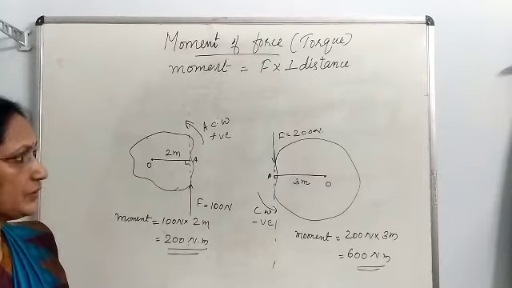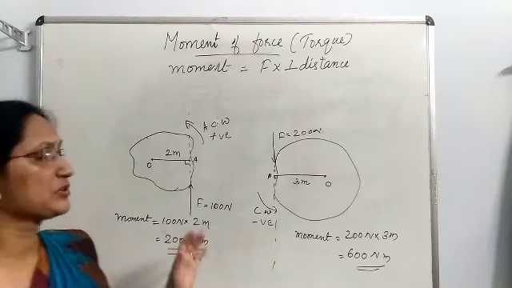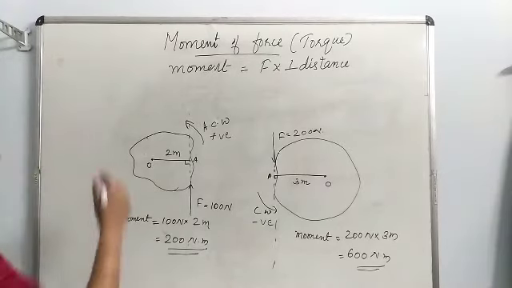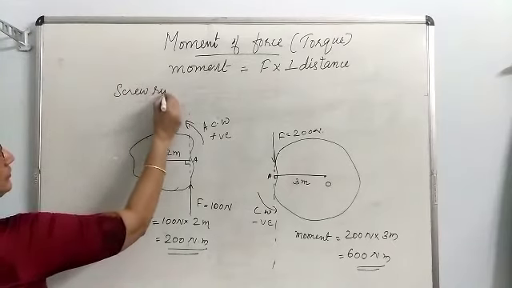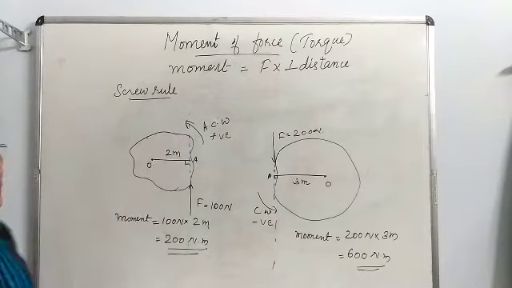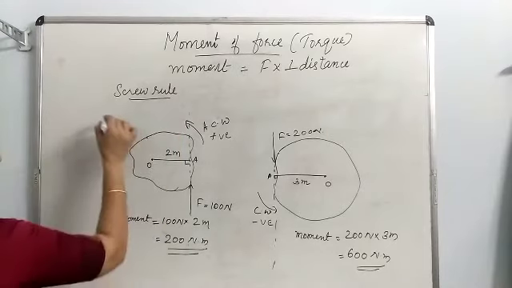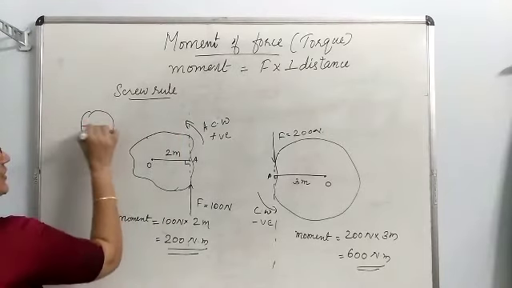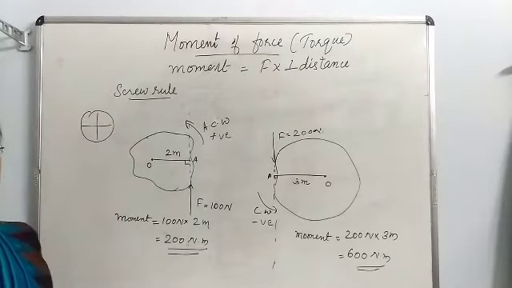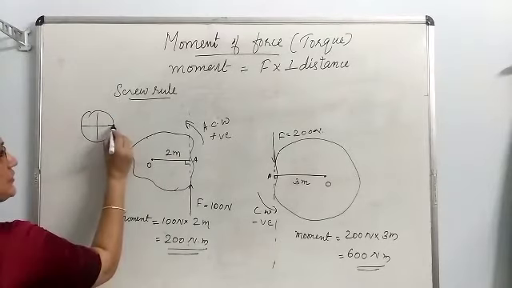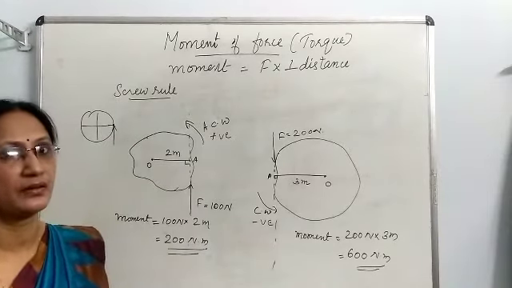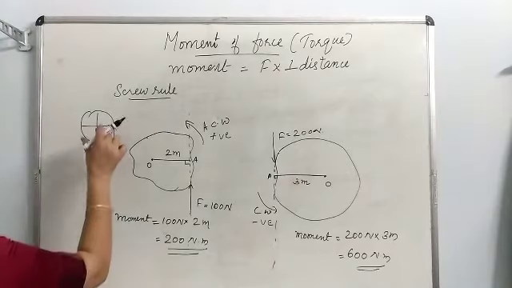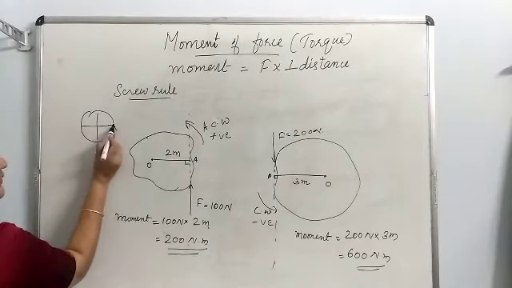Then, to find out the direction of rotation, we use a rule called screw rule. Let us see what is screw rule. Consider a screw. Suppose you have applied some force at this point in upward direction. You might have turned the screw. Suppose you are giving some force in upward direction at this point.